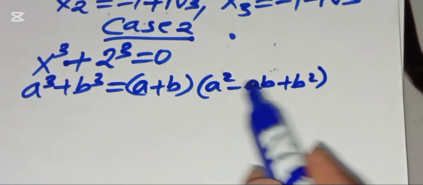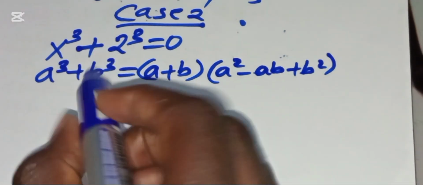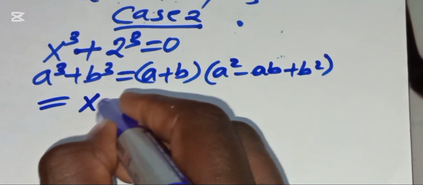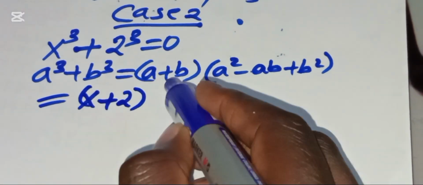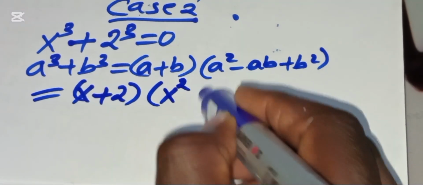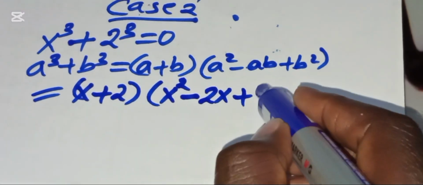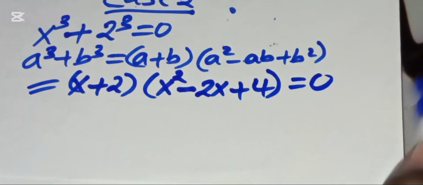So from what we have here, this is the same thing as x plus 2, x squared minus 2x plus 2 squared, which is 4, equal to 0.